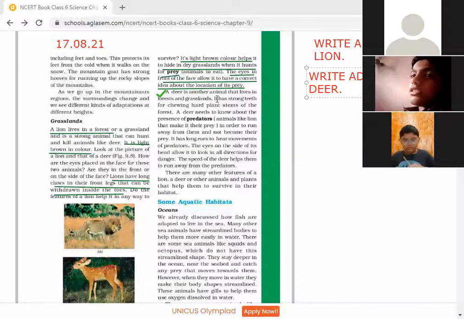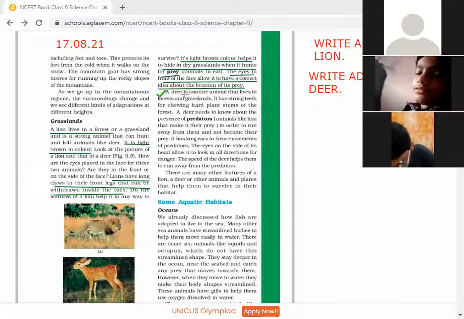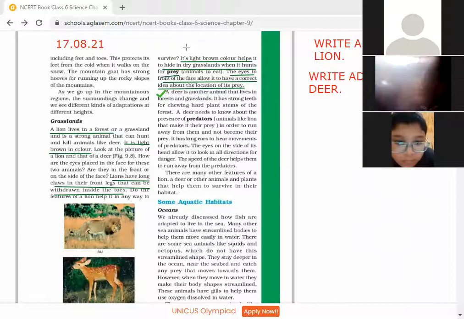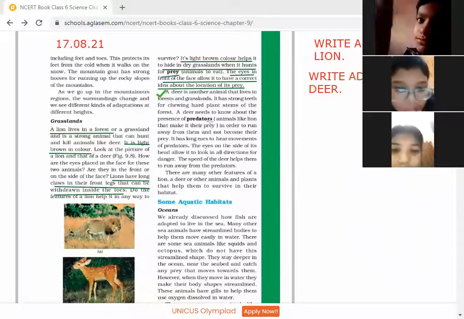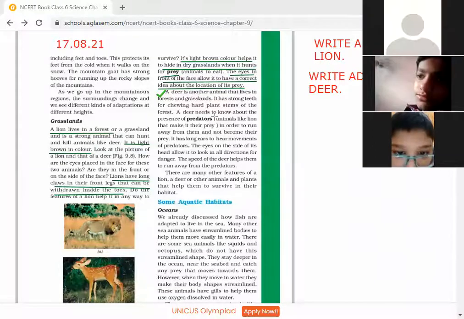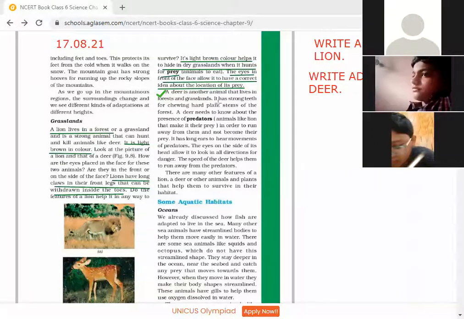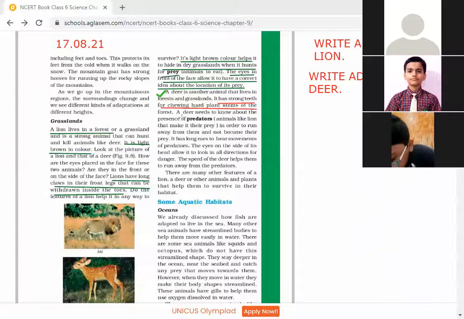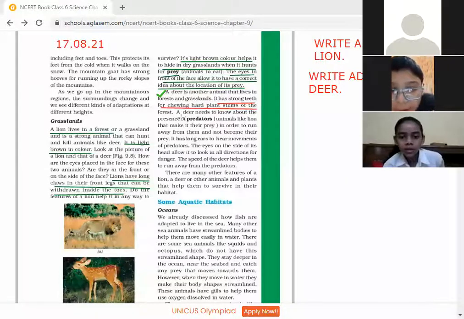A deer is another animal that lives in forest and grassland. It has strong teeth for chewing hard plant stems of the forest. A deer needs to know about the presence of predators, animals like a lion that makes it their prey.